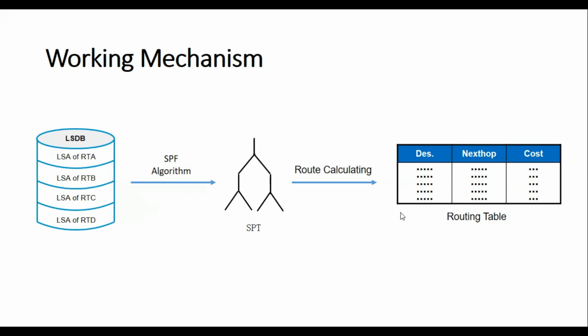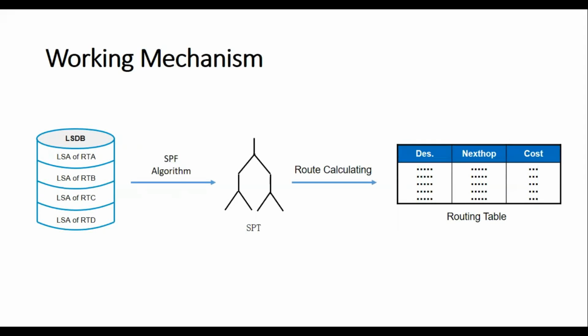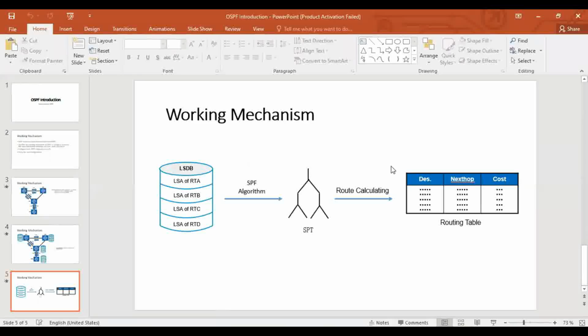Those best routes are installed in the routing table because we forward data based on the routing table. So the final process is to get the best routes into the routing table. I hope that one is clear, so that before we start our configurations, we have that one clear because our configurations will be based on that.